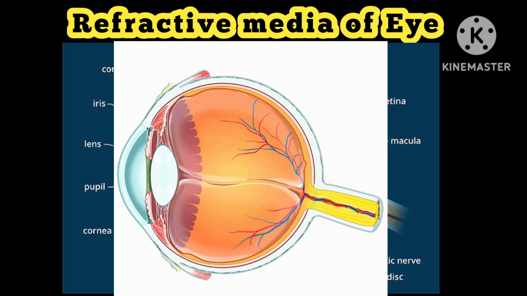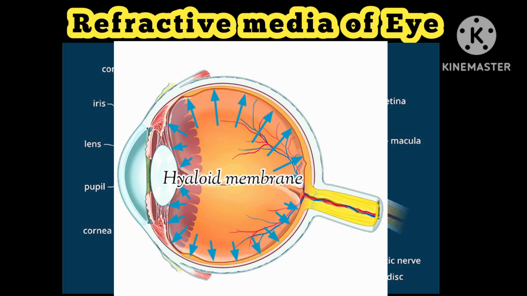The canal is occupied in fetal life by the hyaloid artery, a continuation of the central artery of the retina, which normally disappears about 6 weeks before birth. The vitreous body is enveloped by a delicate and transparent hyaloid membrane, which is attached to the ciliary epithelium, ciliary processes and the margin of the optic disc.